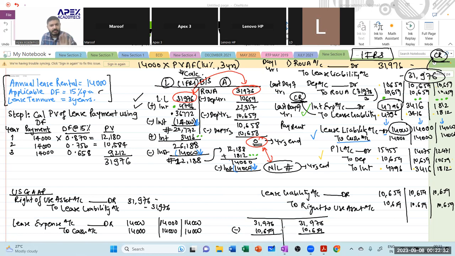US GAAP keeps life simple for the user. And every year, 10,659 is deducted from the value of the asset.